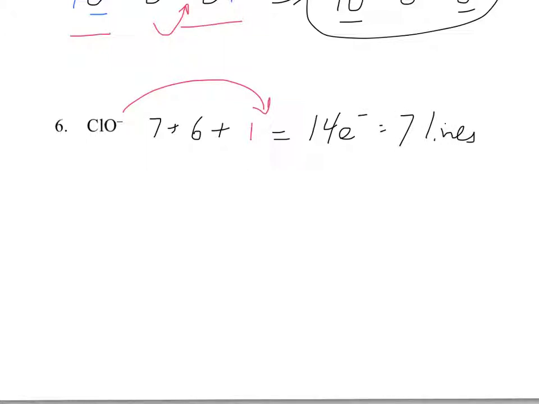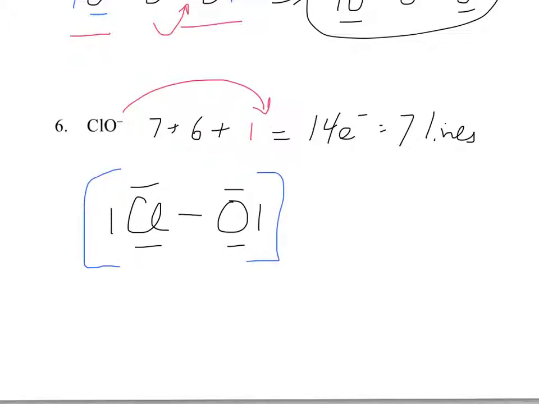That will be analogous to the F2 that we've already written. Cl, single bonded to oxygen. We've used 1 line, 2, 3, 4, 5, 6, 7. Don't forget to put the whole thing in square brackets and show the negative charge on the outside.